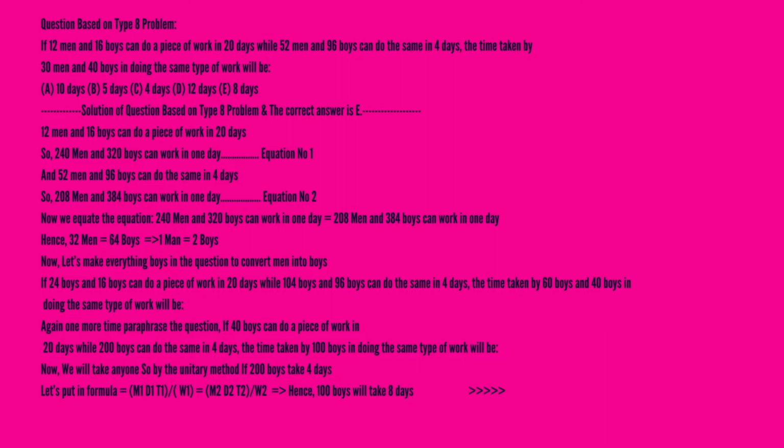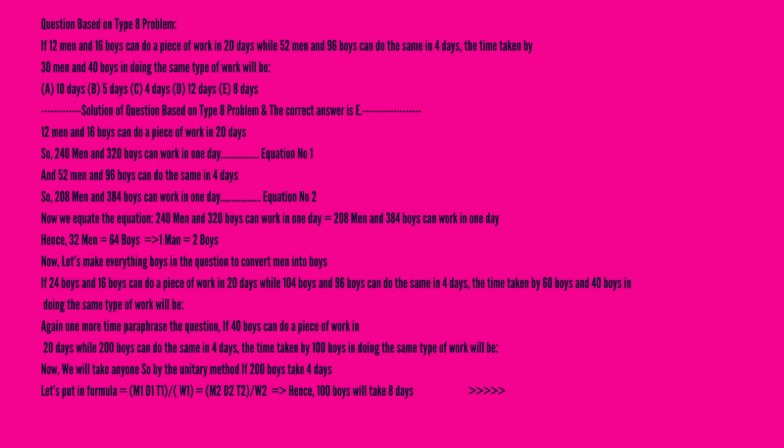Similarly, P and Q men can do the work in T days, so TP men and TQ boys can finish the work in one day. So now we are going to equate the equation: KX men and KY boys can finish the work in one day, which equals TP men and TQ boys can finish the work in one day.